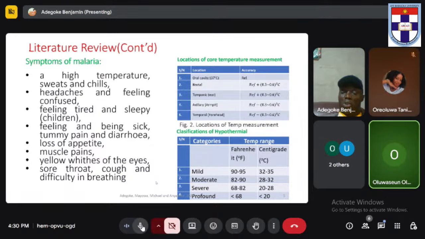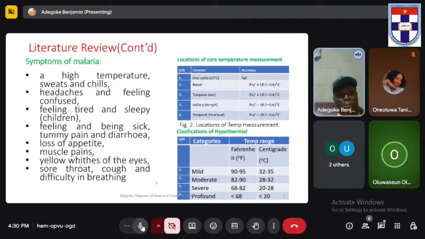Actually, the title is talking about assessment of fever, which generally in the clinical line means rise in temperature that is beyond the normal body temperature. And generally, it is accepted both in practice and in literature.